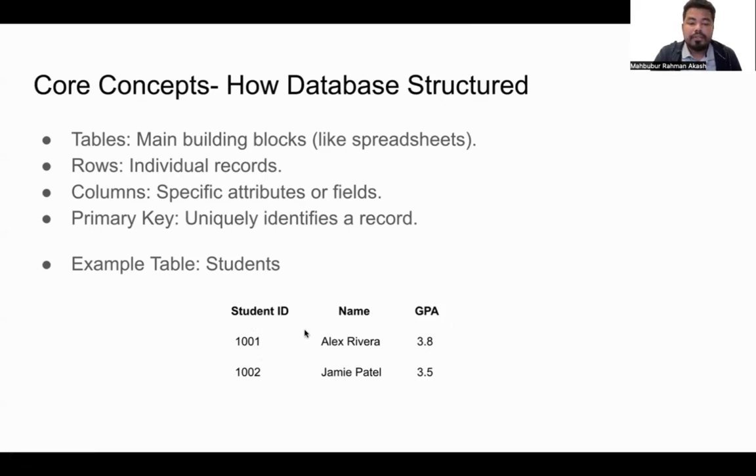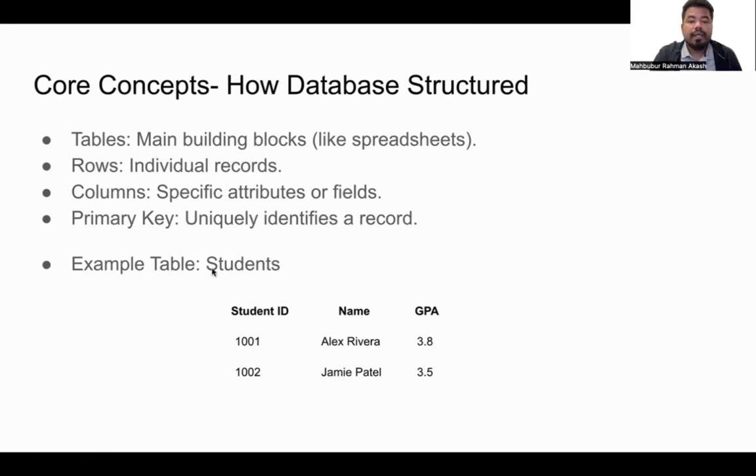And every record, every row will have a primary key. Here the primary key is 1001, which identifies the record uniquely. Name is an attribute, GPA is an attribute, student ID is an attribute. The table name is students.